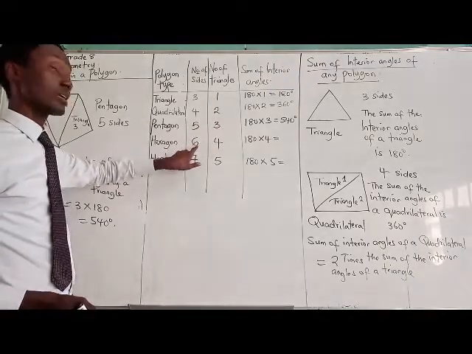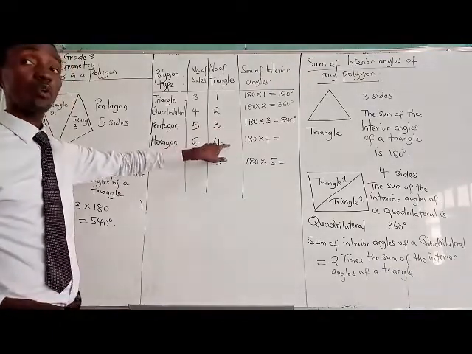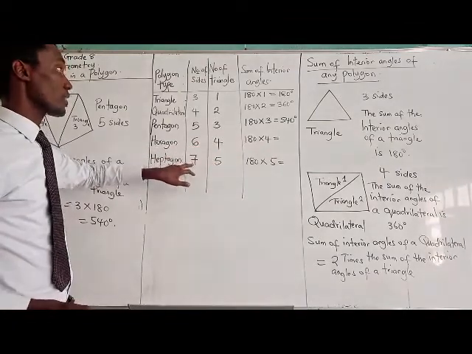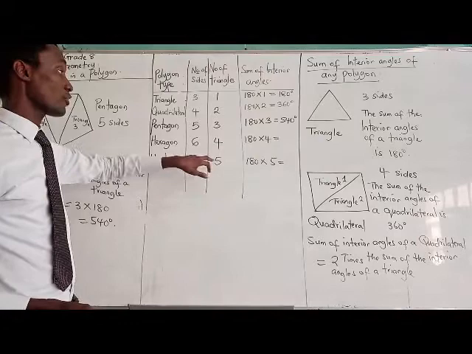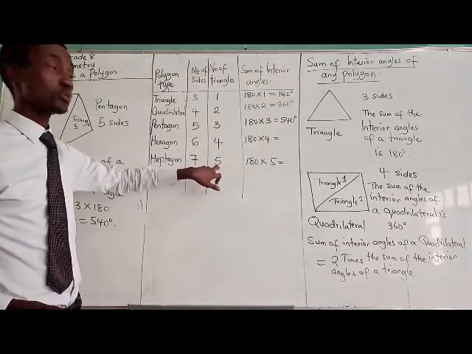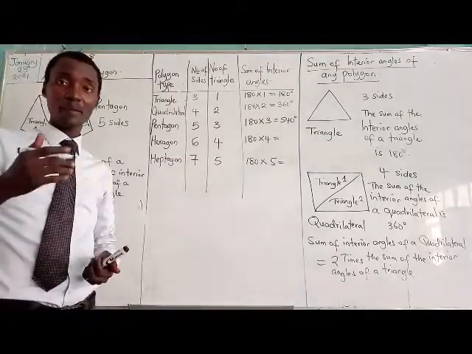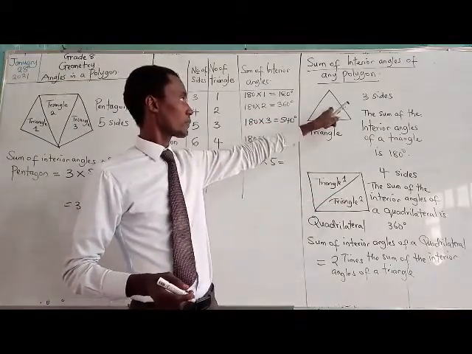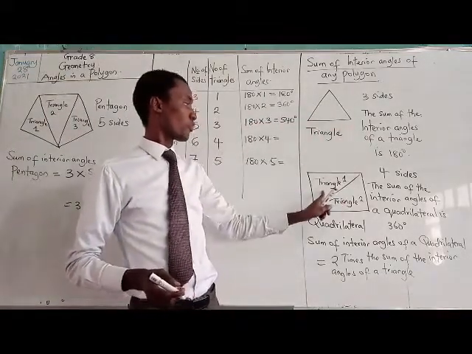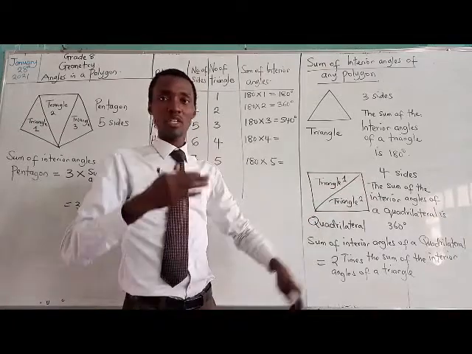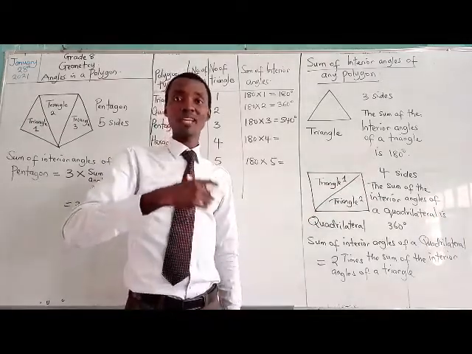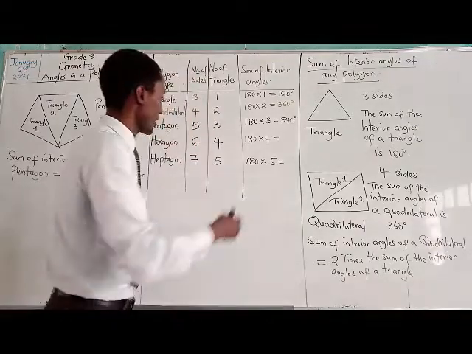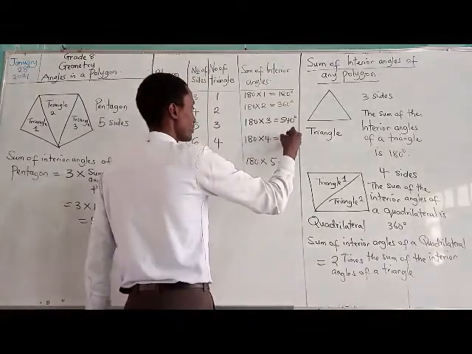If the number of sides is 6, the number of triangles will be 4, which is 6 minus 2. If the number of sides is 7, the number of triangles will be 7 minus 2, and that will be 5. I see what's happening. We did that by showing this. From 3, you had 1. From 4, you had 2. So just keep subtracting 2. And by the time we come to the formula, you begin to see how that formula plays out here. This will be 720.